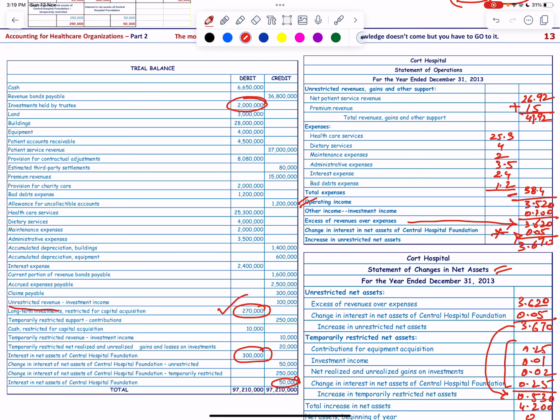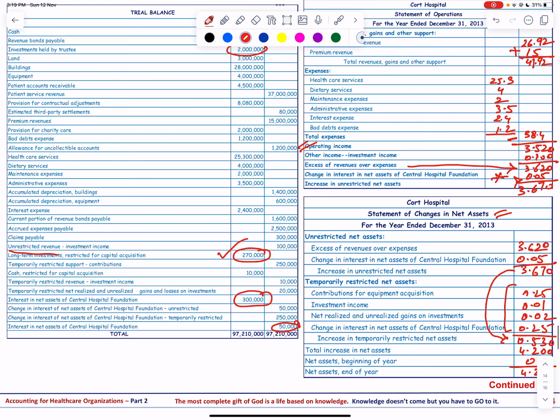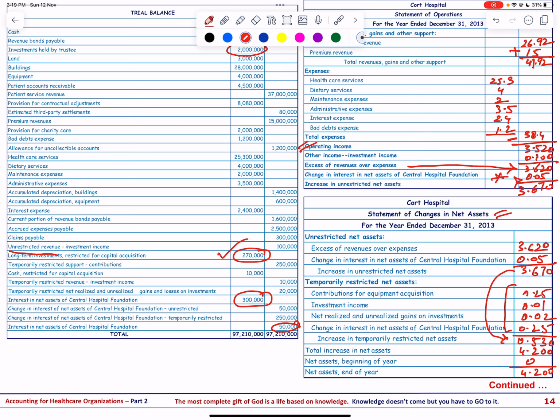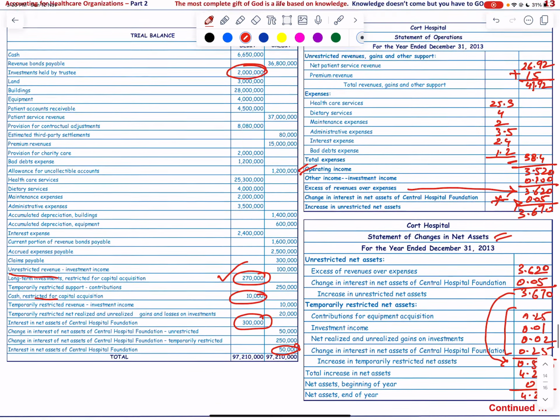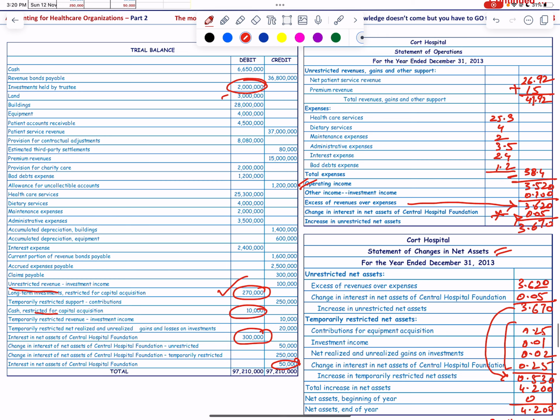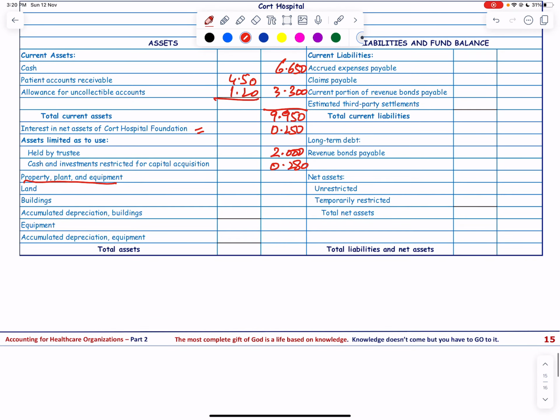And then what else? 270 and restricted for capital acquisition, so that makes 280,000, so that makes 0.280. Then we have the property, plant and equipment, and under property, plant and equipment we have land, and land is for 3 million.